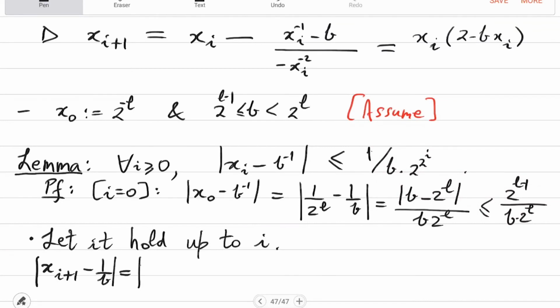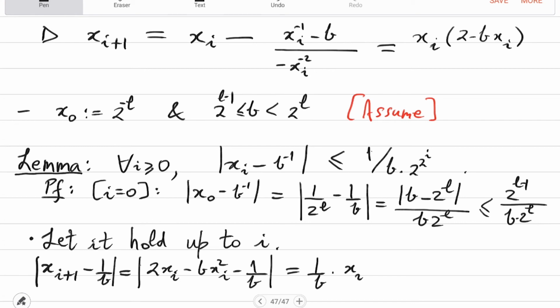So that is 2xi minus bxi square minus 1 over b. And what is this? So magically this formula simplifies a lot. So this actually becomes 1 over b times, it's a square.